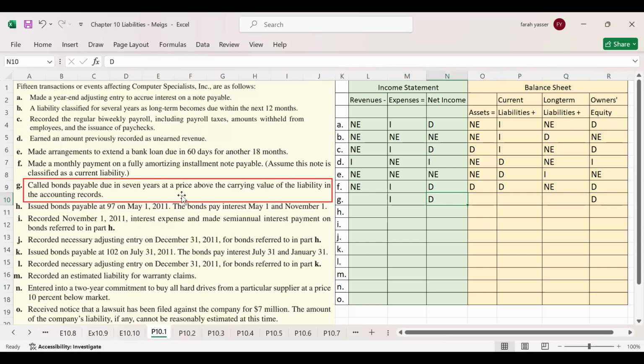Whereas the company is calling back its bonds payable, so the company will have to pay cash to the bondholders, so cash or asset will also be decreased. There's no involvement of current liabilities here, but the long term liabilities will also be decreased, and no effect on the revenues.